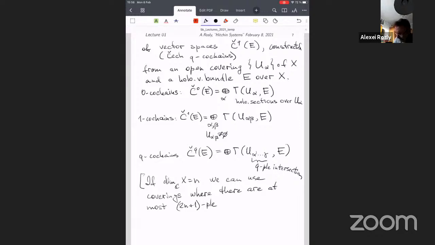If you understand this, the multiplicity of intersection. Did you understand me? I mean double, triple, and so on, at most 2n plus 1 intersections.